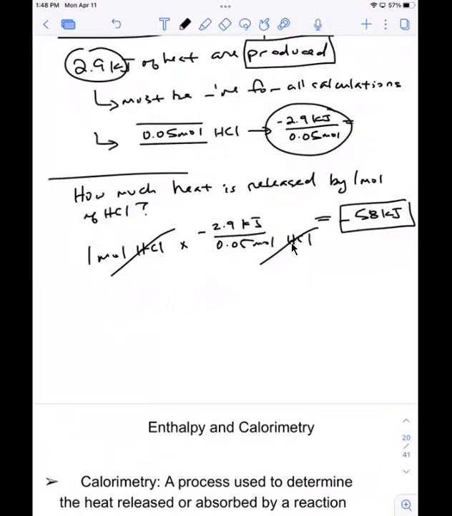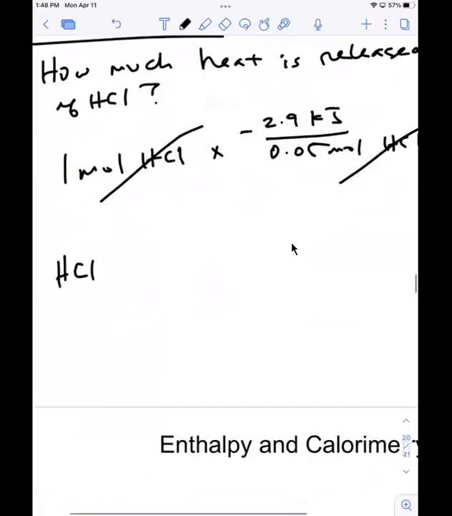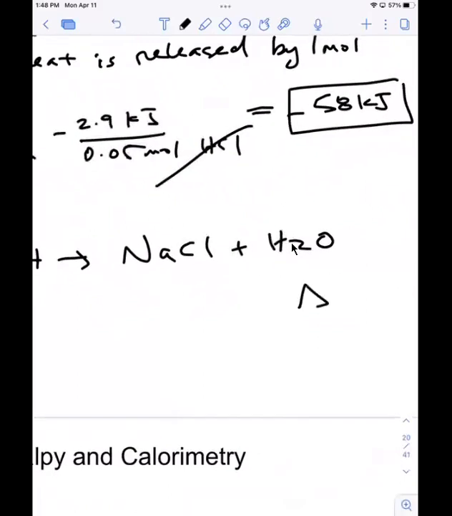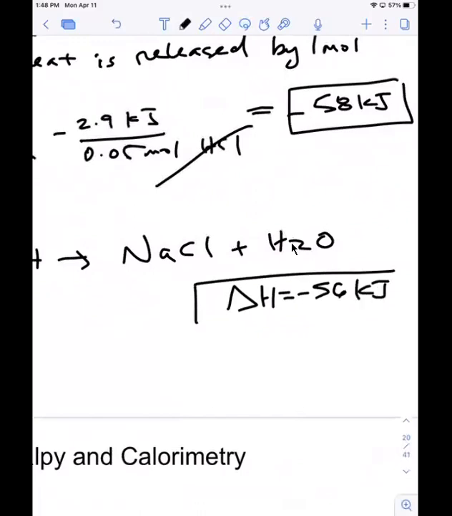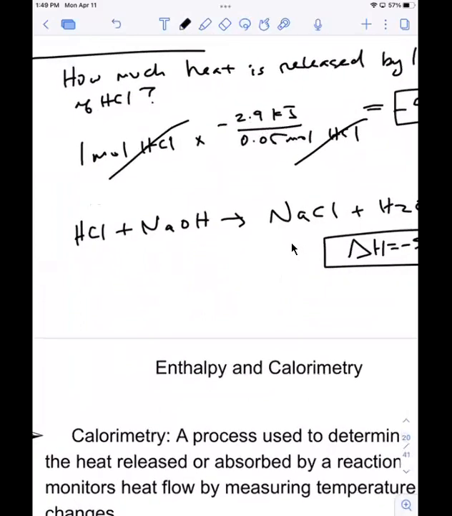And so to write the balanced thermochemical equation, you just write it like this: HCl plus NaOH goes to NaCl plus H2O. And then you put the enthalpy term here, delta H equals negative 56 kilojoules, right? So that's the balanced thermochemical equation, which includes the energy transformation values, which is what delta H is.